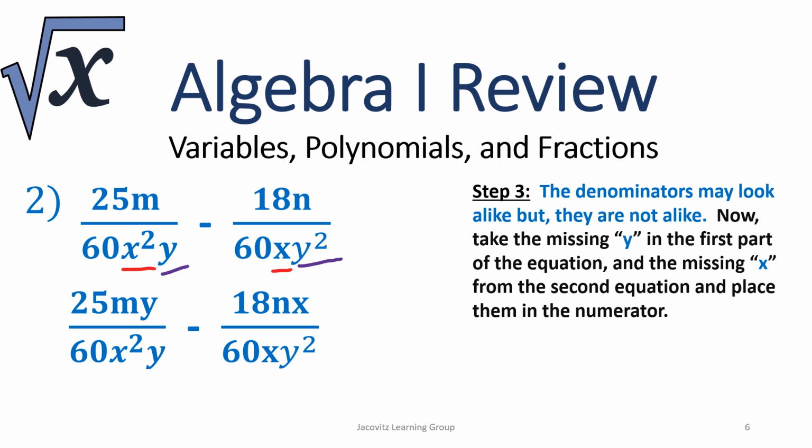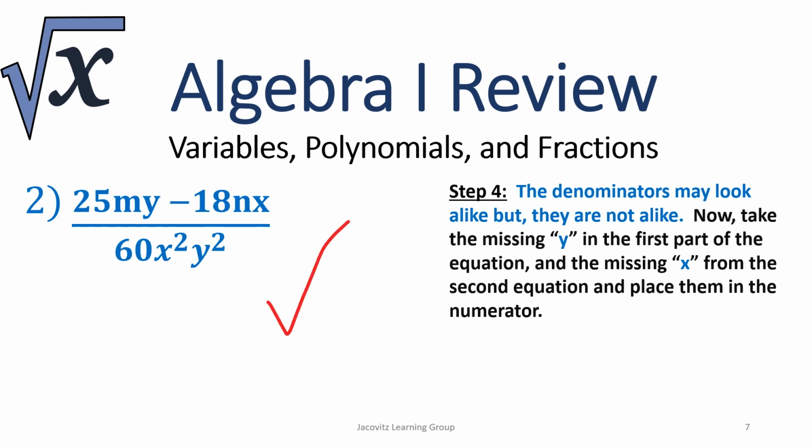They're still not like terms, so you can't go 25 minus 18n. We're not trying to combine. We're not multiplying. Keep in mind, this always tells you what to do. It says subtract. You can't subtract unlike terms, so you're going to have to keep them the same. Now here's where we go. Next slide to get into how to change this denominator.